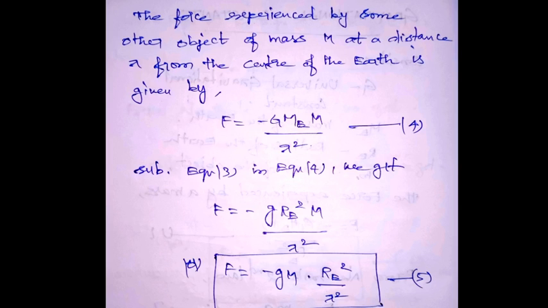In this video we discussed some important concepts of gravitation, like the universal gravitational constant value, Newton's inverse square law, and the gravitational constant where the mass is placed at the surface of the earth and above the surface of the earth.